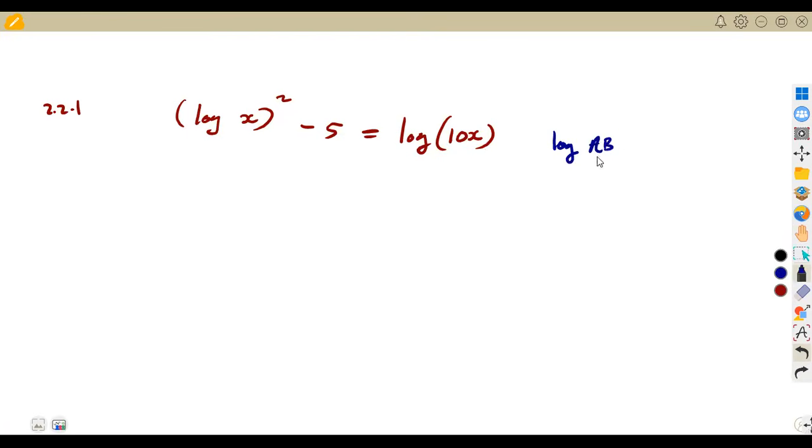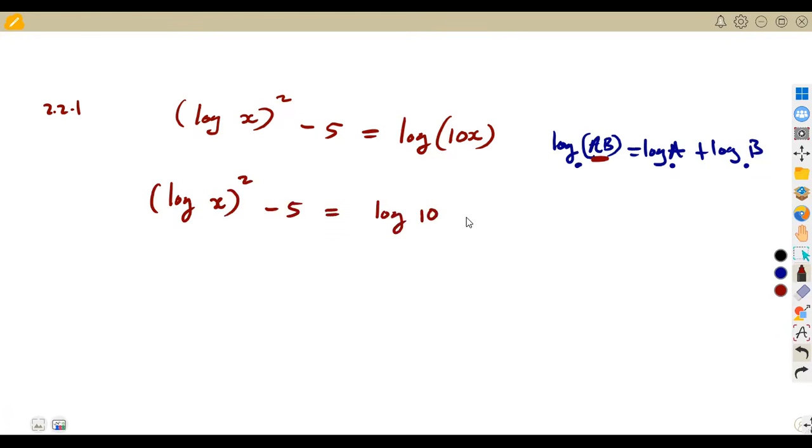Remember, the logarithm of AB is the logarithm of A plus the logarithm of B, provided that we have the same base. And in this case, if the base is not written, it means we are in base 10. So what made us multiply these two, like AB, is that we were adding log A and log B. So you're going to write this as log of x squared minus 5, which is equal to the logarithm of 10 plus the logarithm of x.